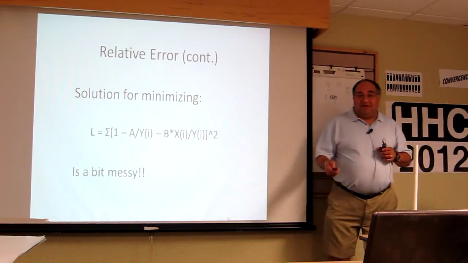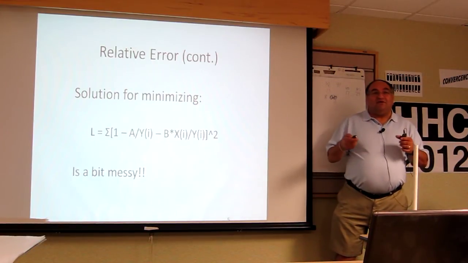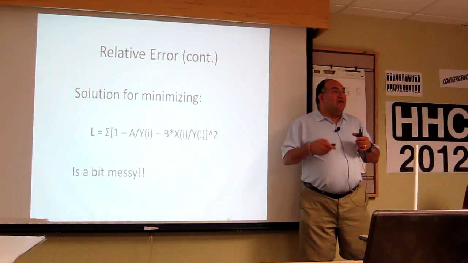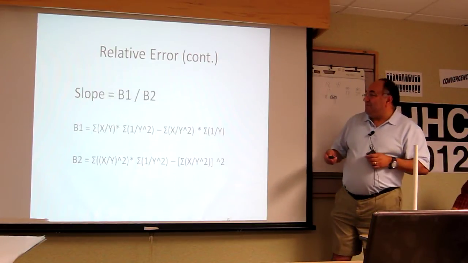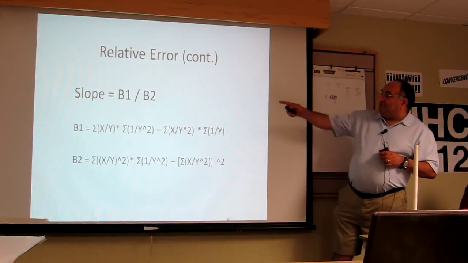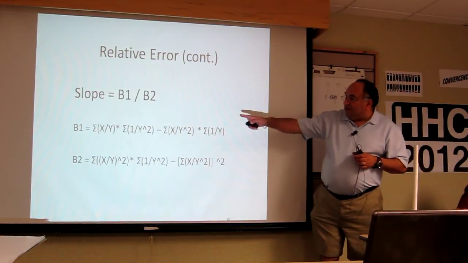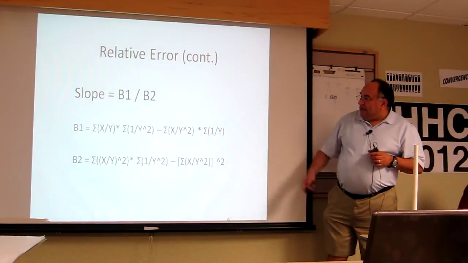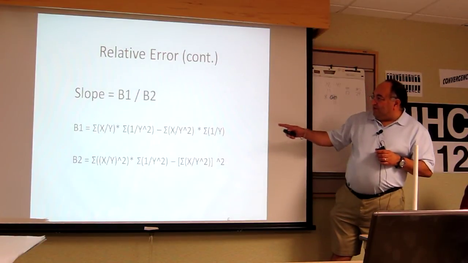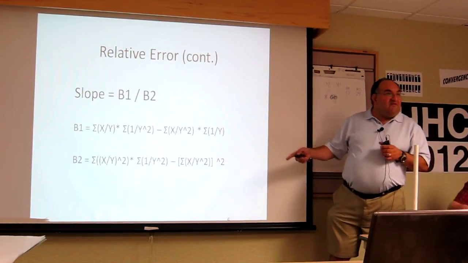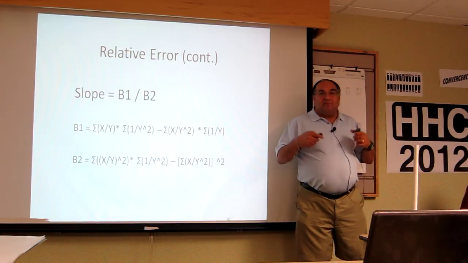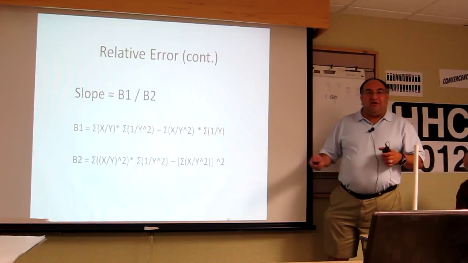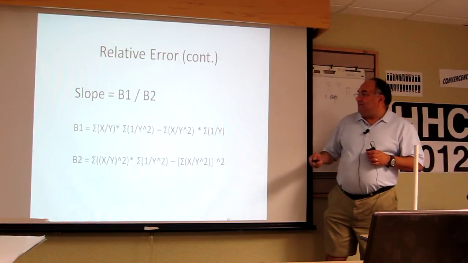Actually, it's very messy because it doesn't follow the kind of summations we have been seeing for the last 30 years. To calculate the slope, it's the ratio of two expressions with summations. And as you take a few moments to look at the summation, none of them looks like something our calculators are pre-programmed to accumulate because we're doing relative errors.